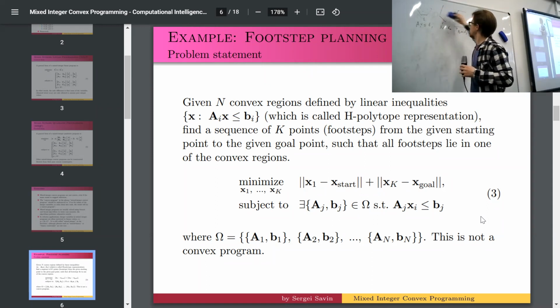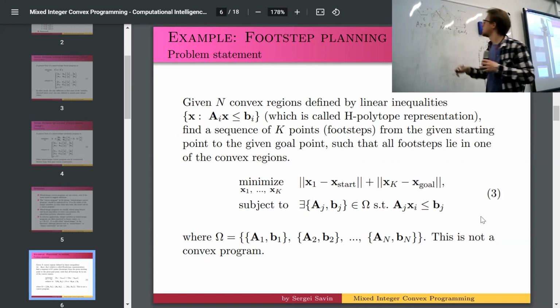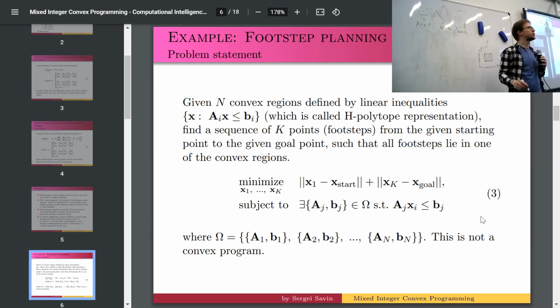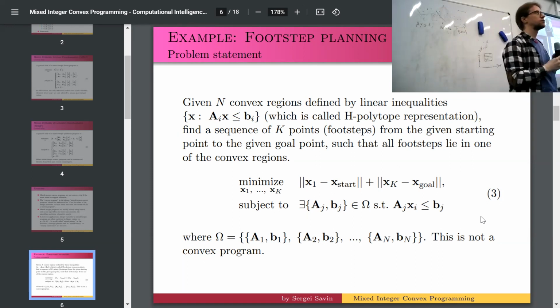Let me just draw them a little bit closer so we can believably think that it is a robot walking. Maybe like this. Okay, so footstep, footstep. Let me even draw another polytope here. Footstep, footstep, and so on. You understand, right? The robot walks kind of like this.